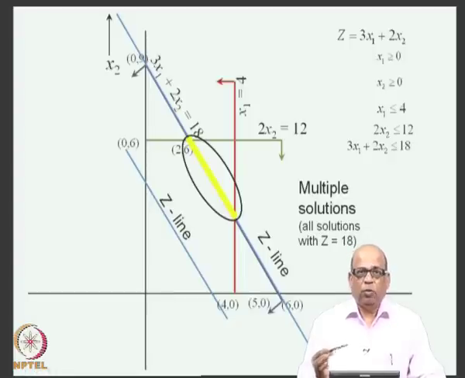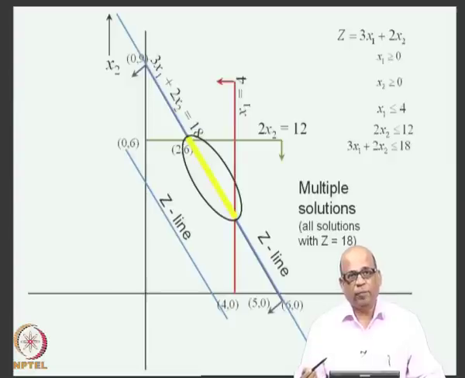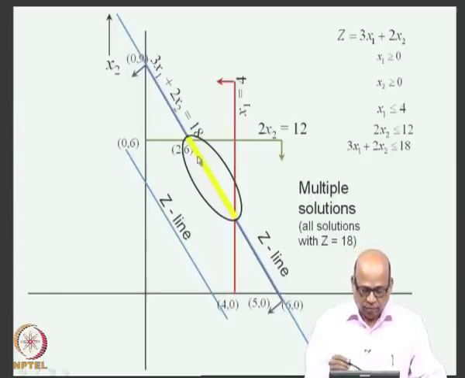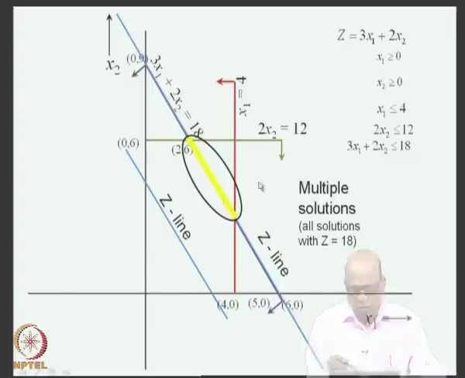The multiple solutions offer an infinite flexibility in decision making, because you have the maximized value z corresponding to 18, but you do not have one point, you have an infinite number of points, all of which will lead to z equal to 18, which is the optimal solution, and therefore, you can choose any of these infinite number of points for your decision.